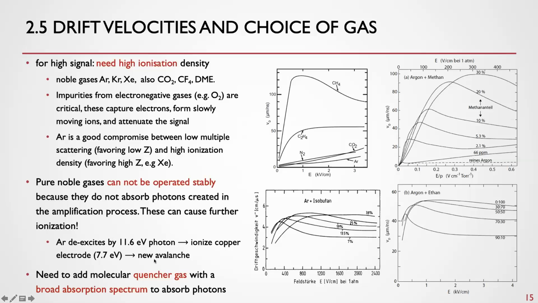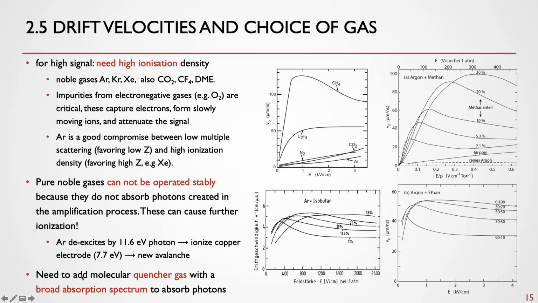An 11 eV photon can just pass through the whole detector, hit the electrode, and release an electron that then creates a new avalanche. And that can happen later in the game, after you've read out your signal, because this electrode can be anywhere in the detector, and hence it's not possible to operate the gaseous detector purely with noble gases.